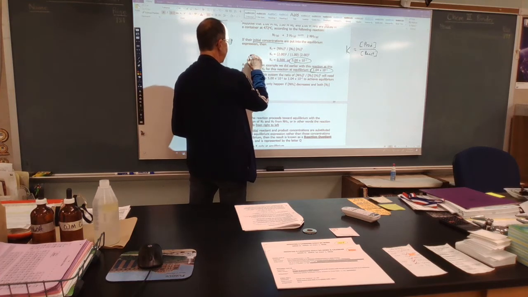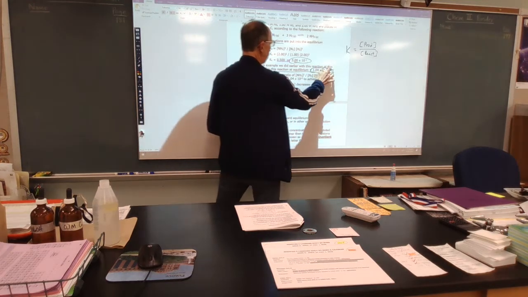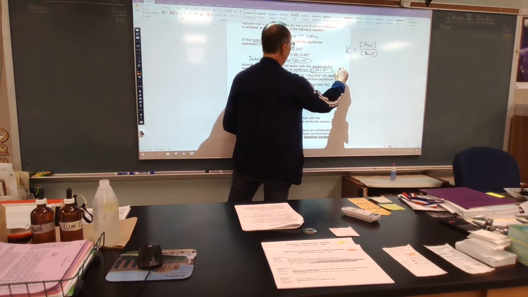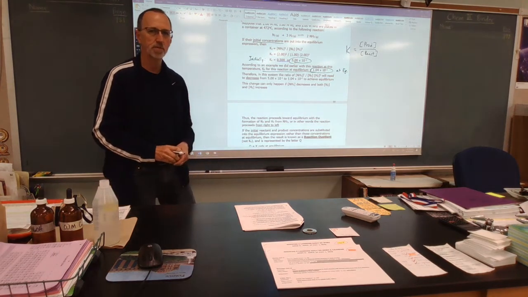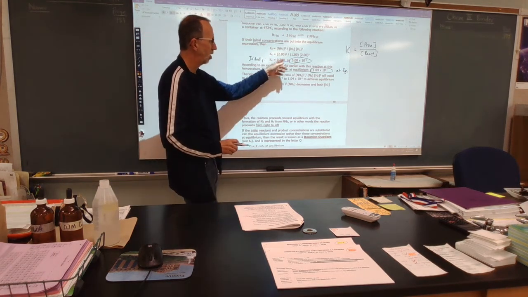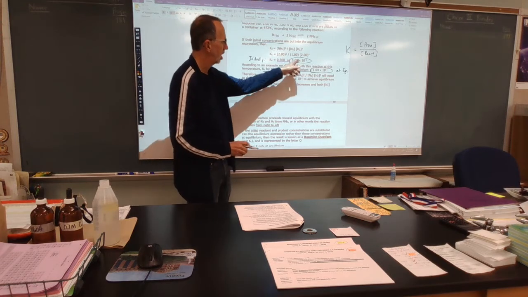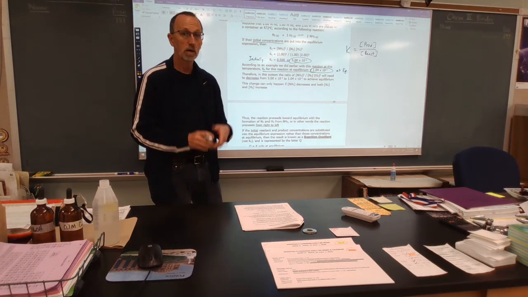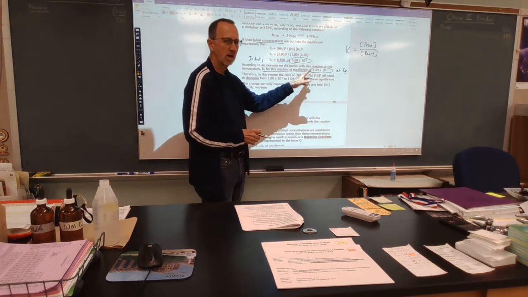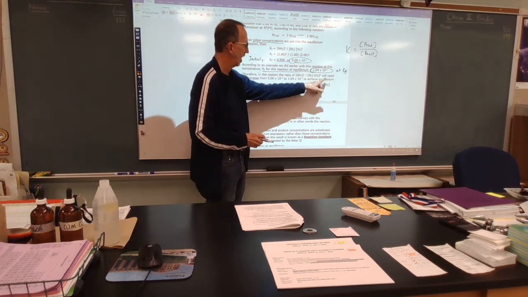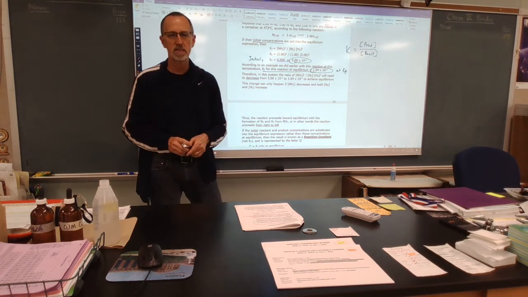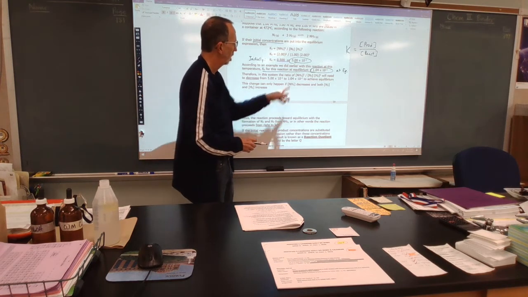So this was initially, and this was equilibrium. Take a look at those two numbers, all right? So if we use initial concentrations, we get this value for Q. If we use equilibrium concentrations at that same temperature, we get this value of K. Again, look and see how those two compare.